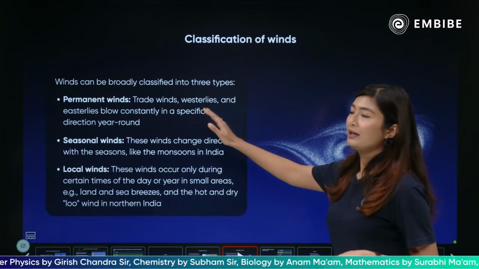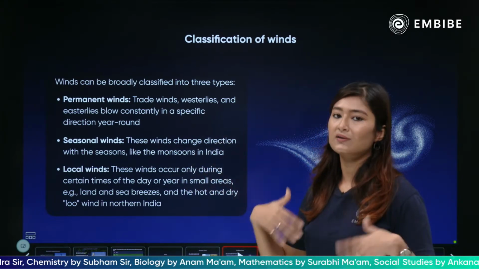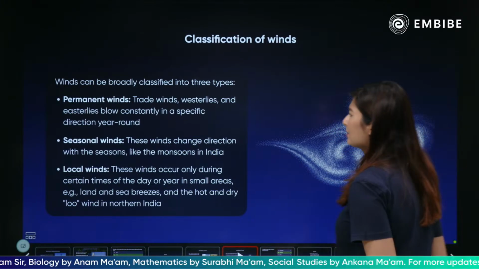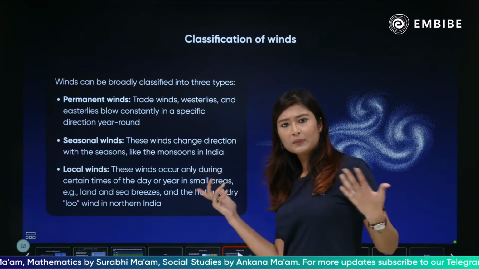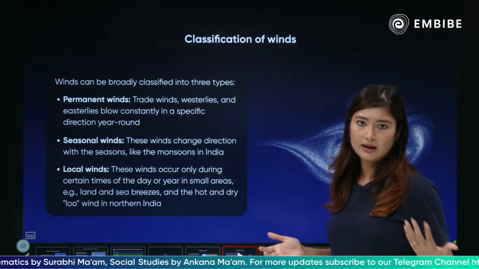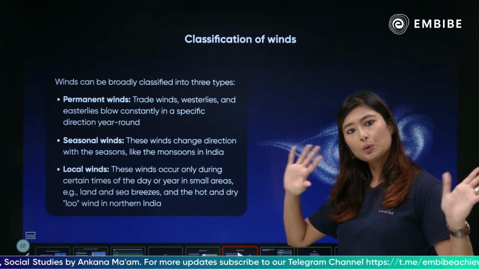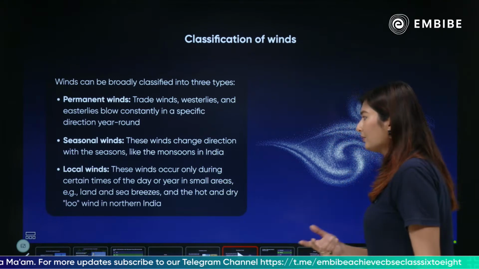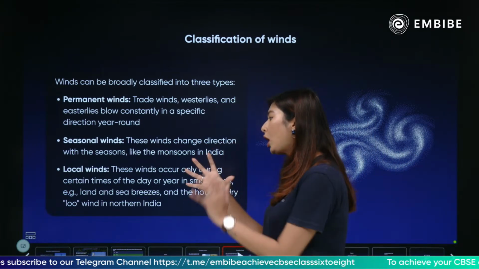तो आपकी permanent winds वही winds हैं जो particular direction में air pressure के difference की वजह से हर साल move करती हैं. दूसरा है seasonal winds, which are winds that change direction with season, like monsoon in India. आगे चल के हम और detail में पढ़ेंगे in different classes, but with the weather, with the season also the winds will change. Local winds वो हैं which occur only during some times of the day or year in small areas.